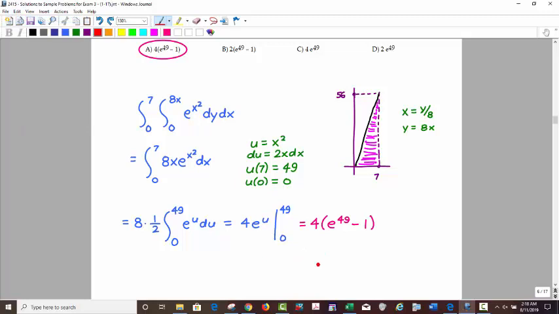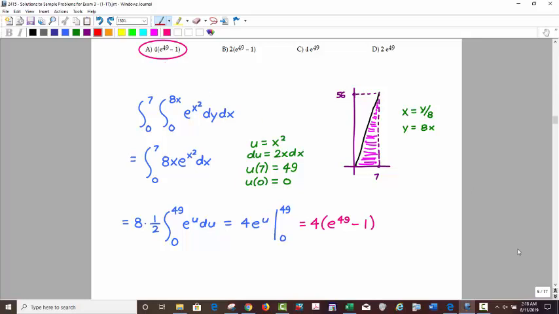When the lower limit is 0, most of the time it produces 0 at the bottom, but two common functions where that's not true are e and cosine, because if you plug in 0 for either one of those, it's going to be 1. So that's what's happening here. This 0 on the bottom doesn't automatically zero out like it does for other problems. So the 4, I just left it out there: e to the 49 minus e to the 0, which is 1. Therefore it matches that answer.